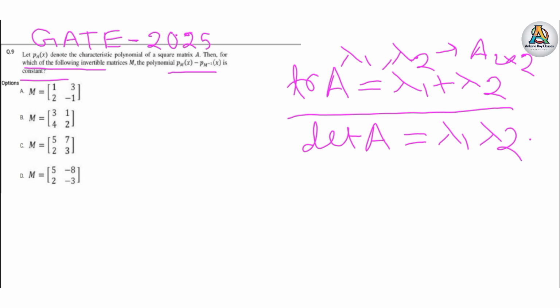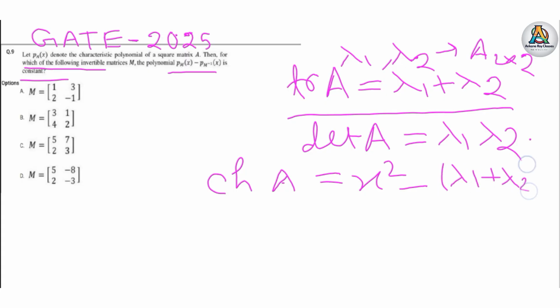And for a 2 cross 2 matrix A, its characteristic polynomial is equal to x square minus (lambda 1 plus lambda 2) into x plus lambda 1 lambda 2.